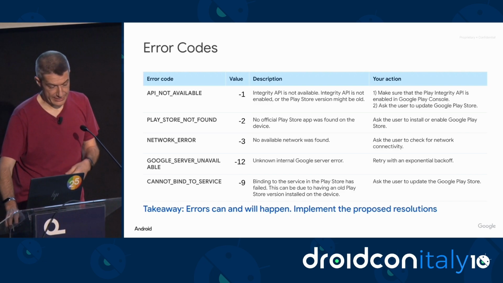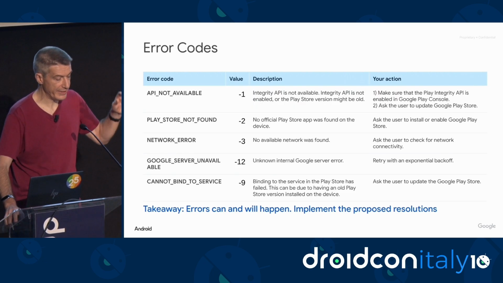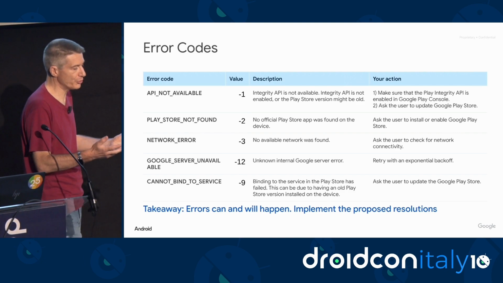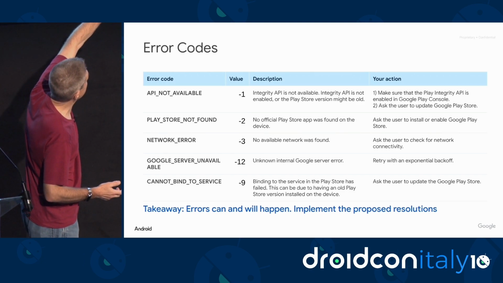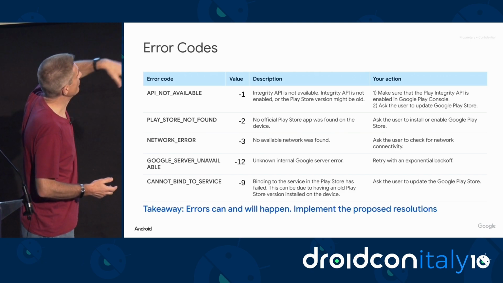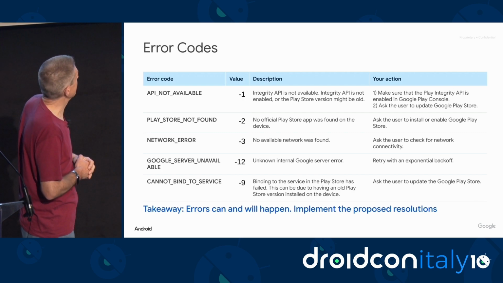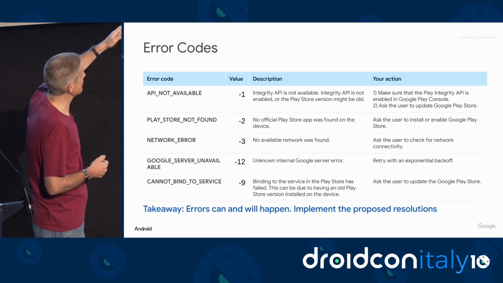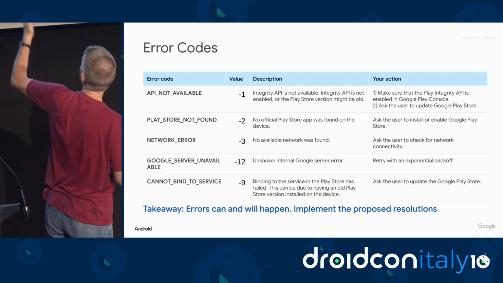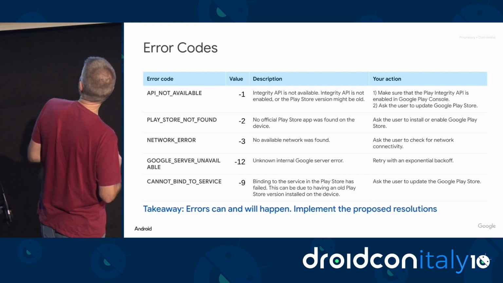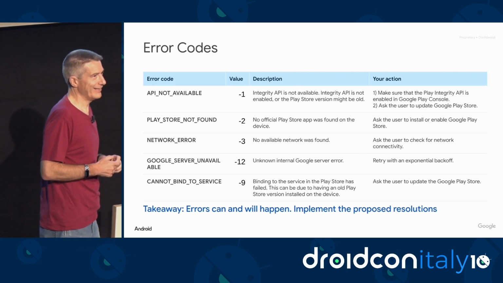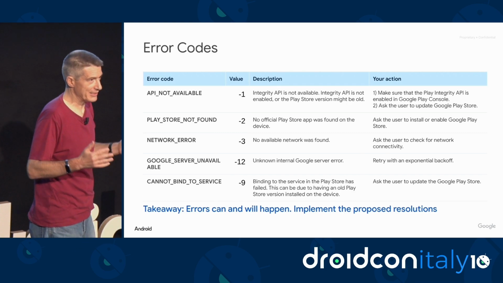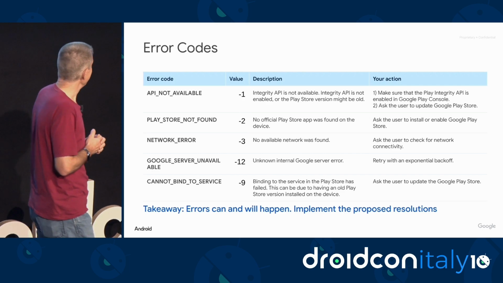And as I said, we have a guide, and we are working to improve it, also providing what you should do when you get a particular error. In some cases, it's retry, like for a Google server unavailable. Sometimes the errors are very long.